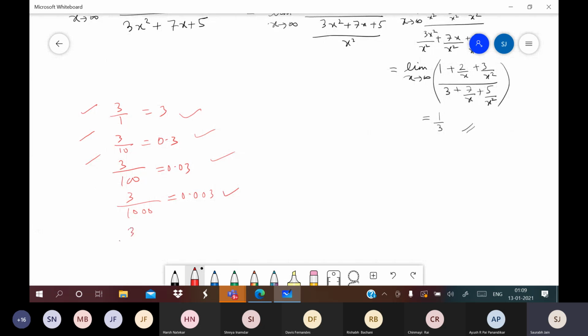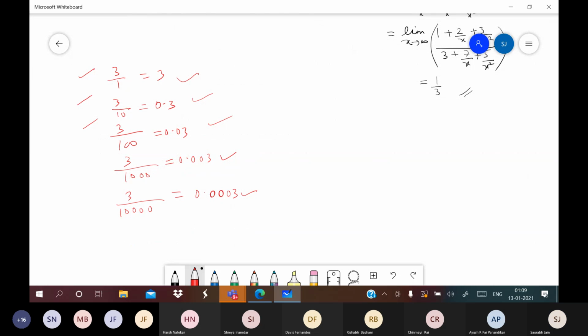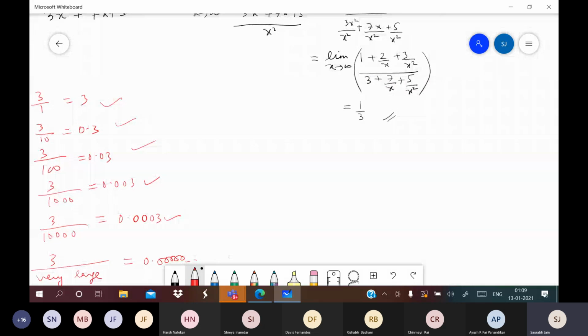I think it is going towards 0. Because see, you are increasing the value. First the denominator was 1, then 10, then 100, then 1000, 10,000. The number is constantly decreasing. So a situation will come when the denominator will be very large. What will happen here? The number will be very small, tending to 0.